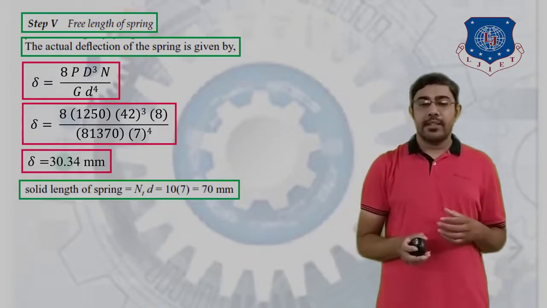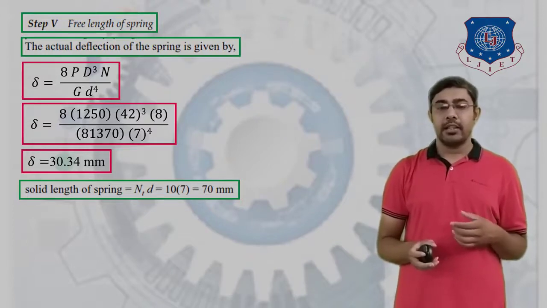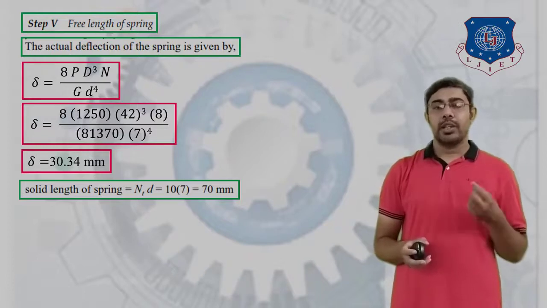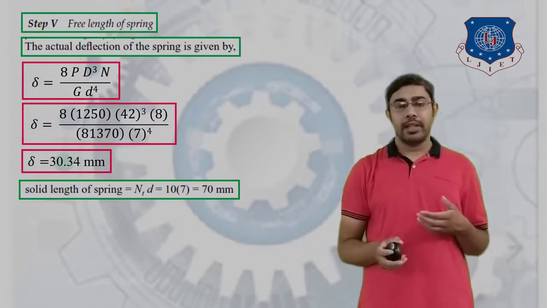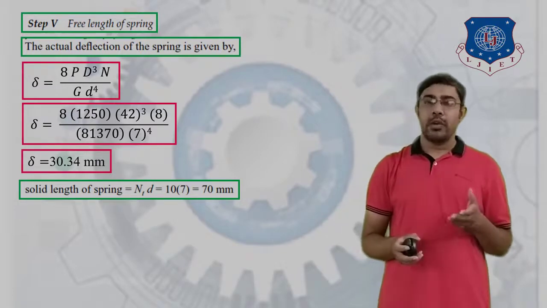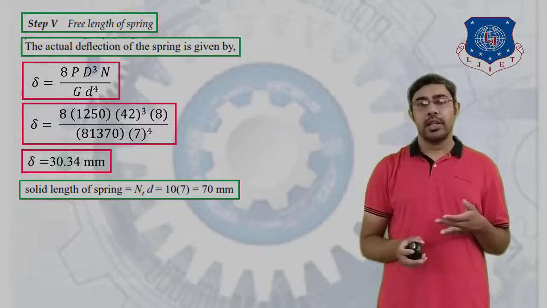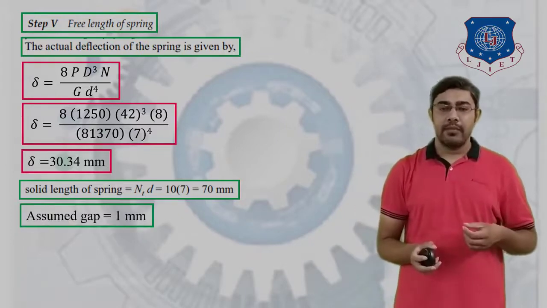Now the solid length is also needed to calculate the free length. The solid length of the spring is equal to the total number of turns into the wire diameter, so it is equal to NT into small d. Here NT is 10 and small d is 7. So the solid length of the spring is 70 mm.